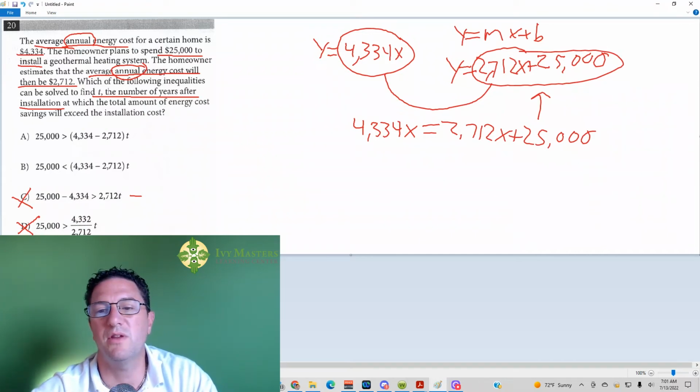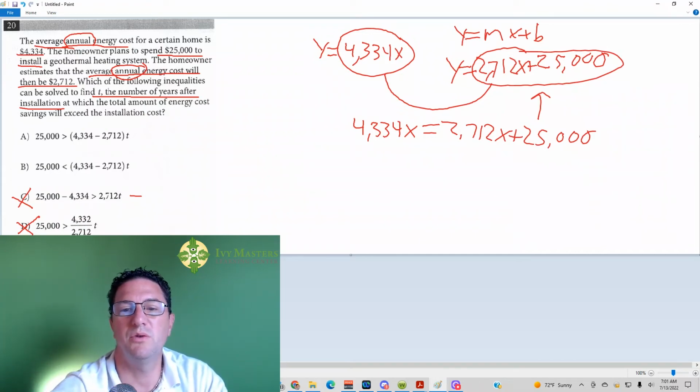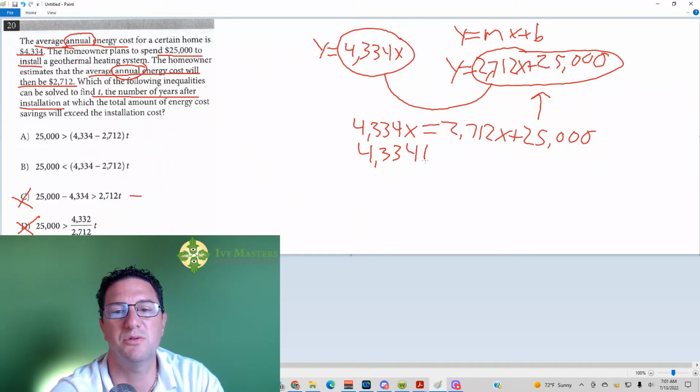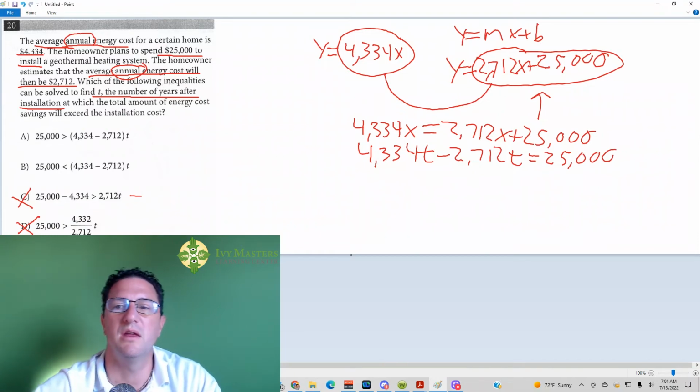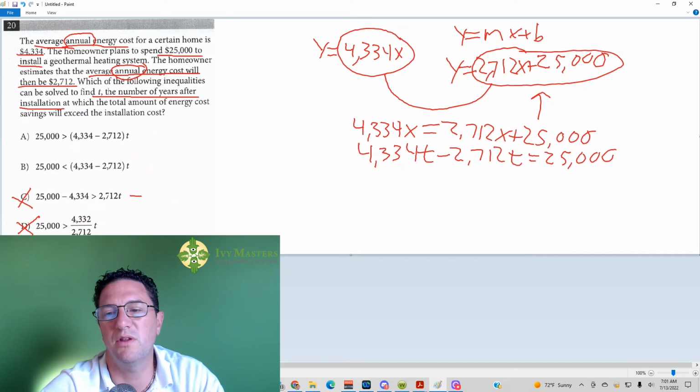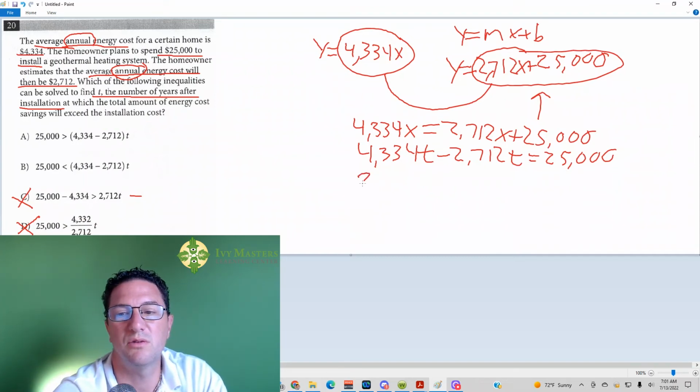To get the 25,000 alone, you would subtract 2,712x from each side, and you'd have 4,334, and I'll change it to a t because that's what the problem is saying, minus 2,712t equals 25,000. Notice it's a natural way to write it this way. In each answer choice, they've got the 25,000 on the left, so I'm just going to write the same equation with the 25,000 on the left.